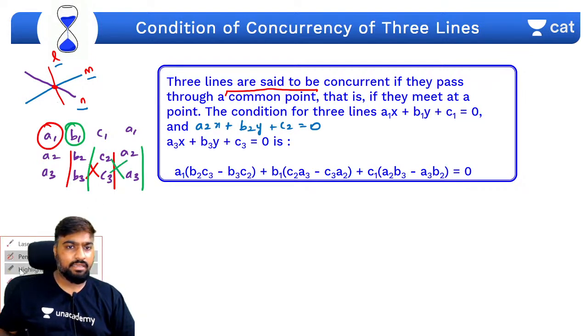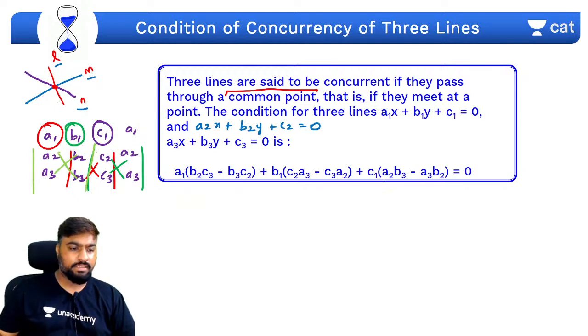If I take c1 out as common, then I would have a2 b3 minus a3 b2. This should be 0.